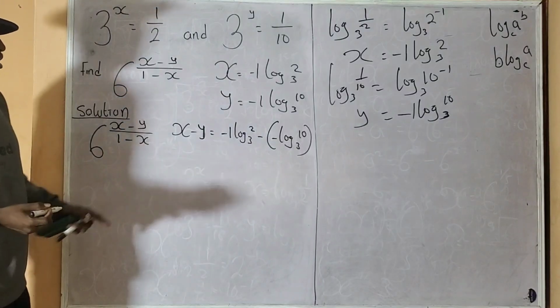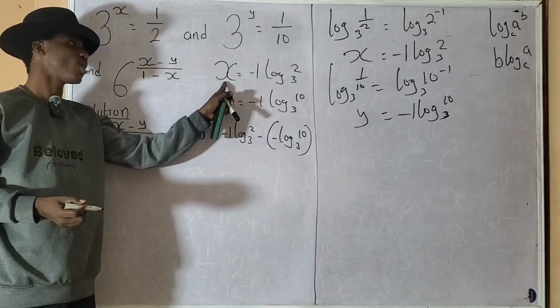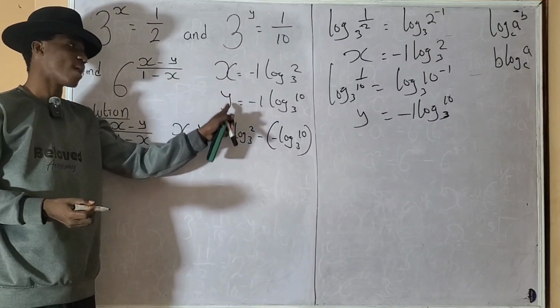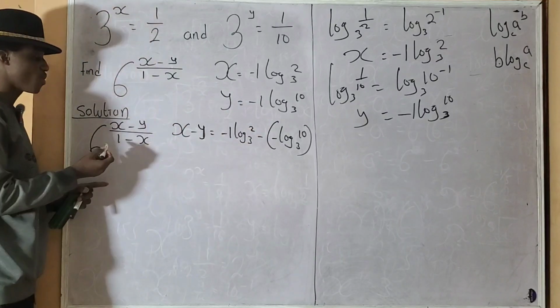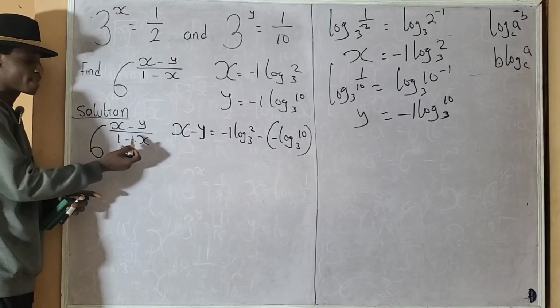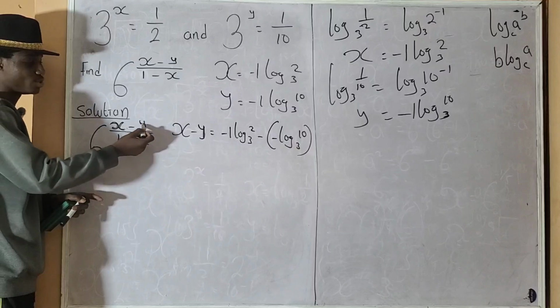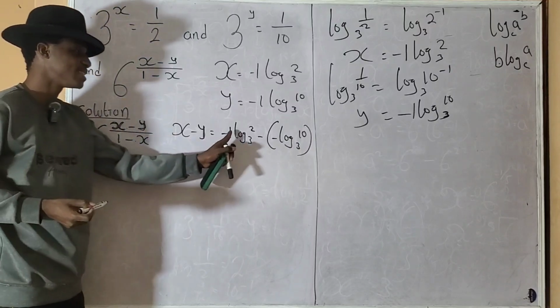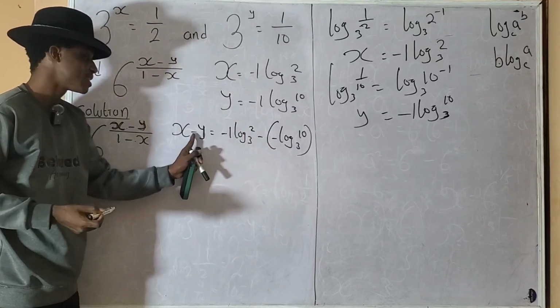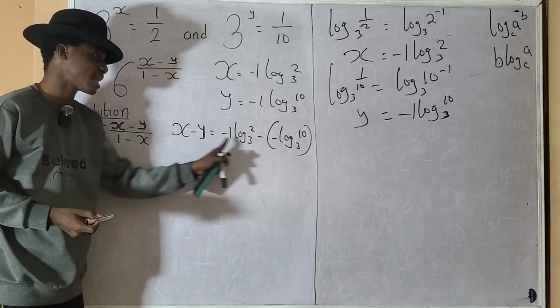It's simple if you comprehend the way we obtained the values of x and y. Now we are looking for 6 raised to the power of (x minus y) over (1 minus x), so I first want to find the value of x minus y. Do you understand? x is negative 1 log 2 base 3 and y is negative 1 log 10 base 3, and this negative sign, I just bring it here.